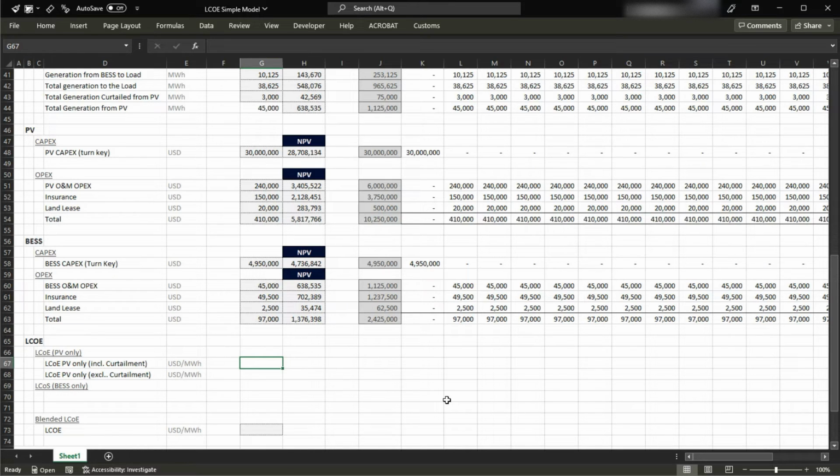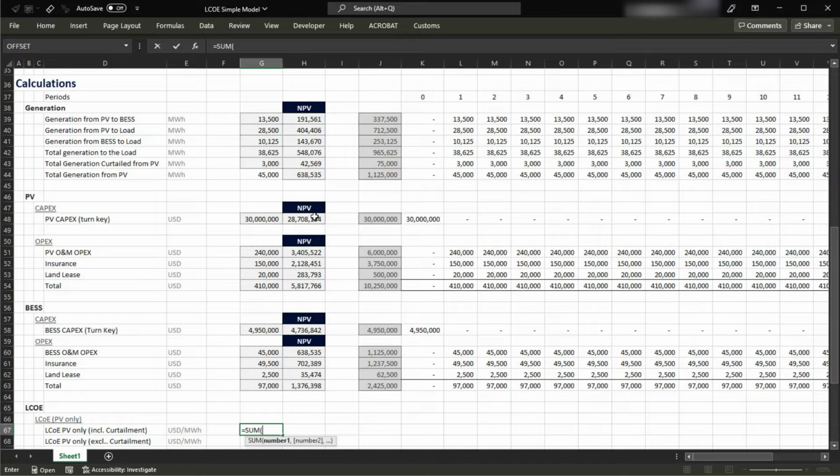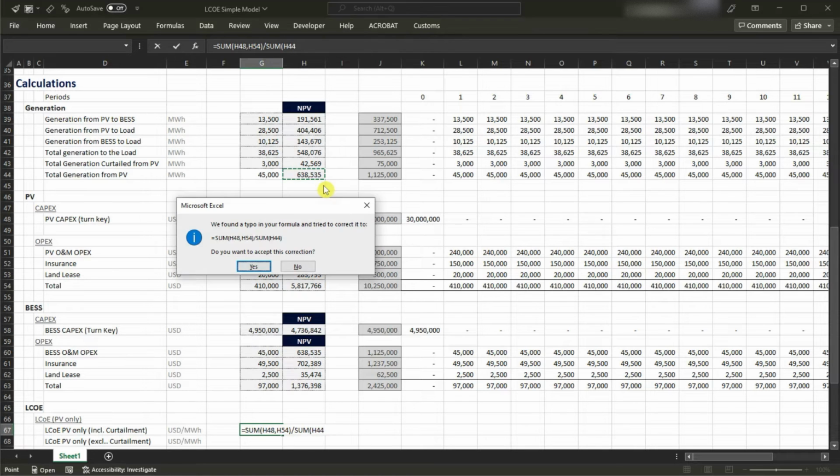So if you include the curtailment, it's going to equal the sum of the PV capex, which is this number here, plus the PV opex, which is this number in here, divided by the total generation from PV, the NPV, which is this number here. This number includes not only the generation going to the load and going to the battery, but also the curtailment.